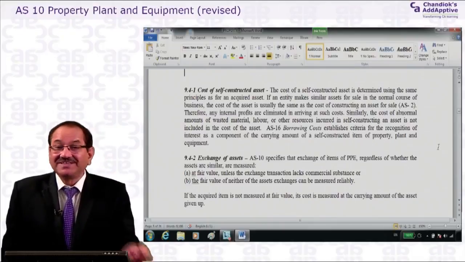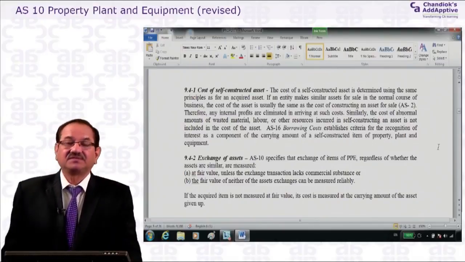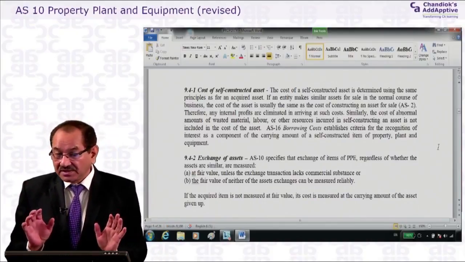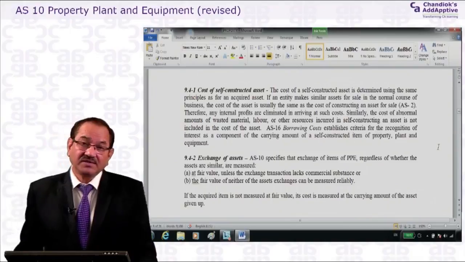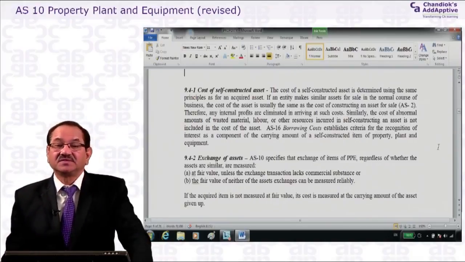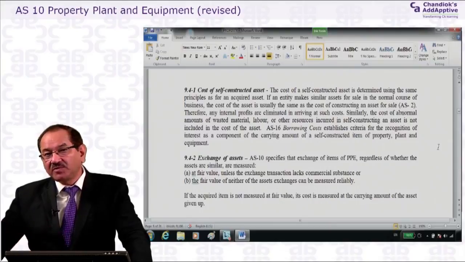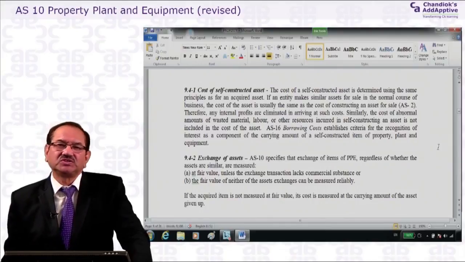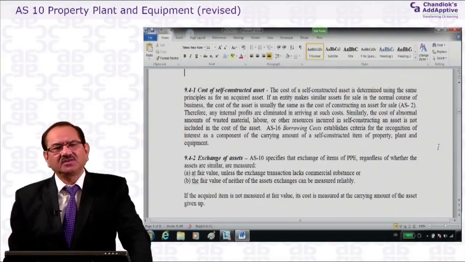It says that it will be measured at fair value unless the exchange transaction lacks commercial substance. It will be measured at fair value. Now, fair value of what? Fair value of the asset acquired. Say you have purchased plant and machinery, and you gave them a building. The fair value of the plant and machinery was 2 crores because it is being sold in the market, and if you had paid money, it would be 2 crores.